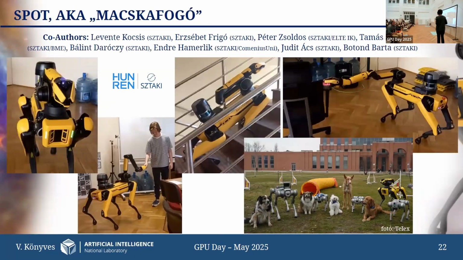Somewhat more interesting than a robotic arm is this Boston Dynamics Spot robot dog owned by Stucky. You may say that it's a quadruped, and ethologists prefer this naming convention, but I will still call it Spot.